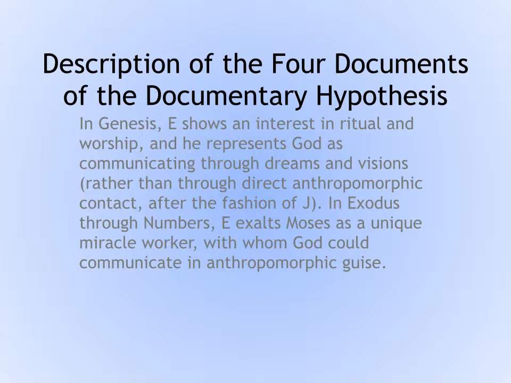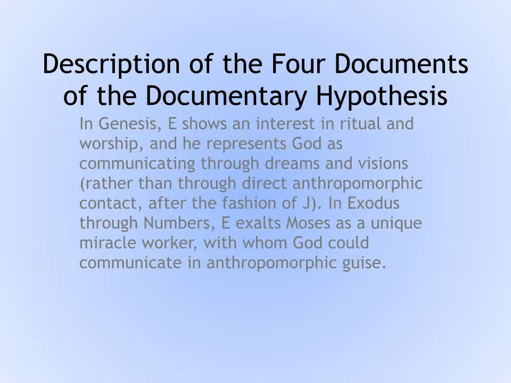In Exodus through Numbers, E will exalt Moses as a unique miracle worker with whom God could communicate in anthropomorphic guise. And so here we see even though there is a separation of J and E, there's a crossover as well where E will use Moses in some of the writings. And remember, this is all theory.